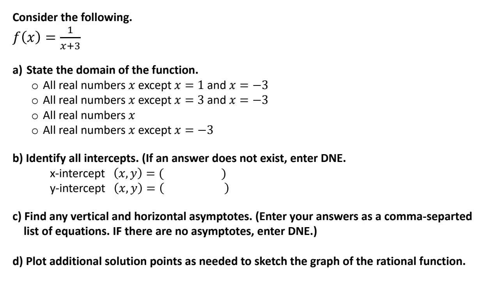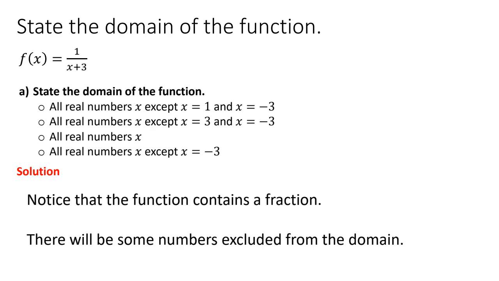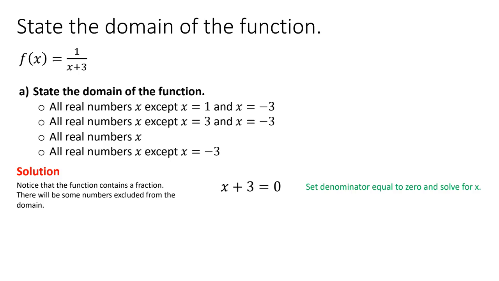To find the domain on this particular one, just like I did before, I'm going to set the denominator equal to 0 to find out if it has a restriction. So we have x plus 3 is equal to 0. When I solve for x, I find out that I do have a restriction.